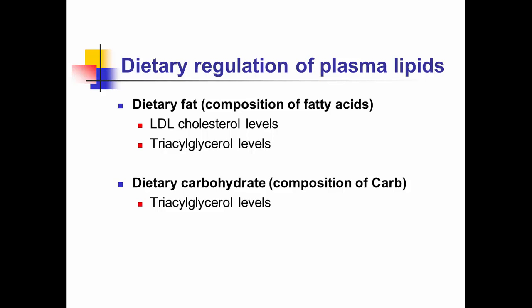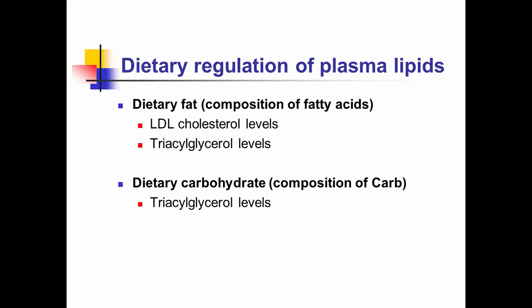So again, dietary fat can regulate both cholesterol and triglyceride levels, and dietary carbohydrate primarily regulates triglyceride level, not so much cholesterol level, right? Which makes sense, right?